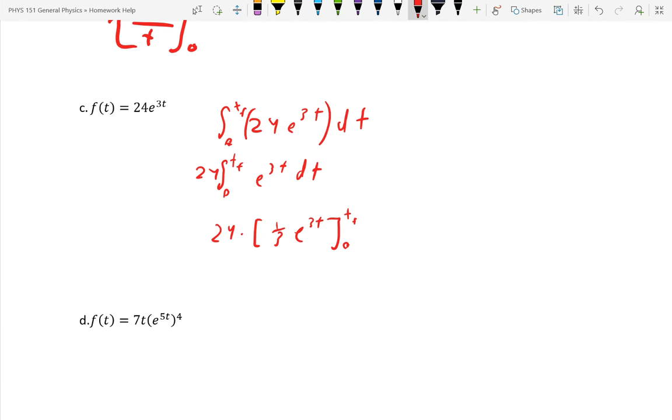Well, yeah, 24 times. Right, because I'd rather do the 8. So 8 e to the 3tf minus 8 e to the 3 times 0 means that it equals 8 e to the 3tf minus 8.